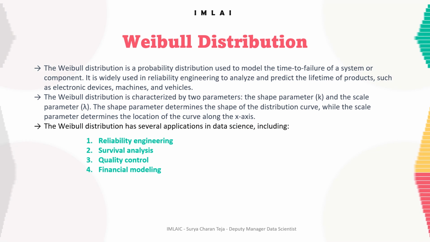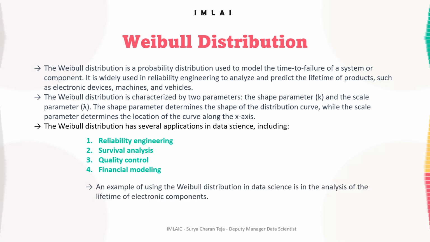An example of using the Weibull distribution in data science is in the analysis of the lifetime of mechanical components. Suppose a company manufactures certain types of mechanical components and wants to estimate the lifetime of the component and optimize its maintenance schedule.